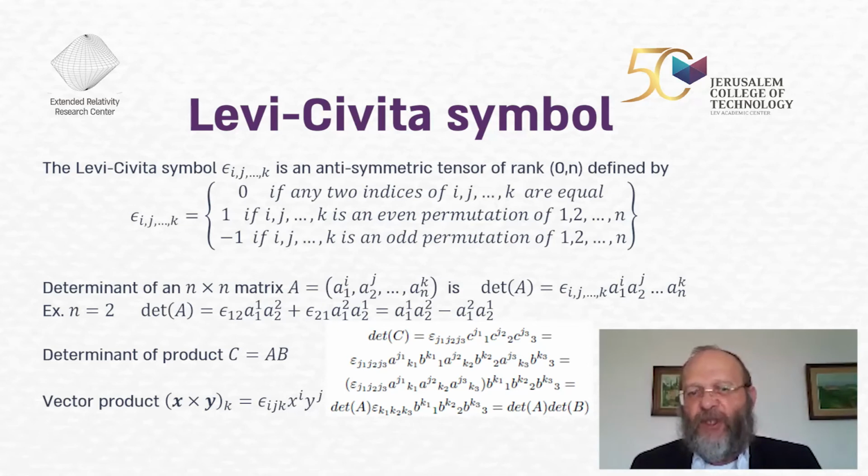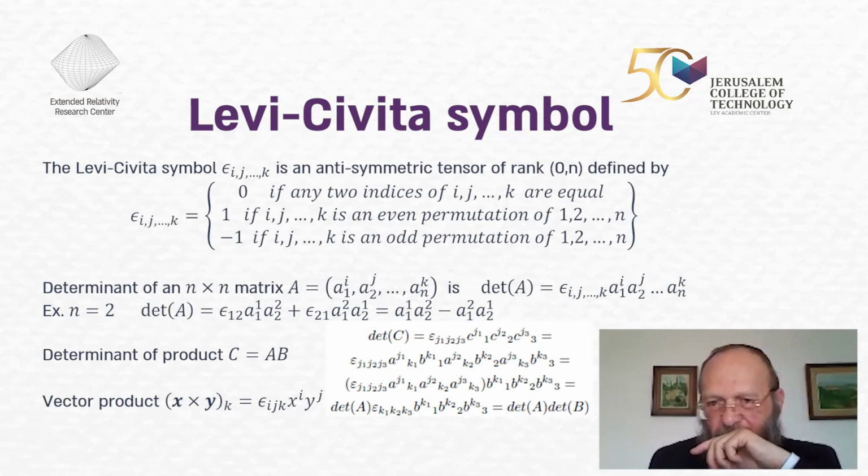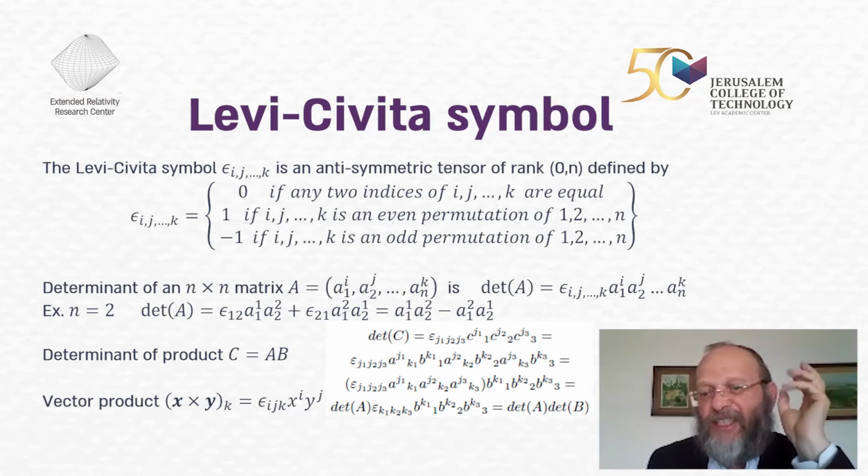Each one, C, you write in the components of A and B. Combine all the terms with the indices of A. You're missing only that they are not organized in the same order, so reorganize them by using epsilon. What you'll get is the determinant of A. Take it out and you'll get epsilon with the indices of B, which will give you the determinant of B. So such a complicated theorem follows really from a good definition.